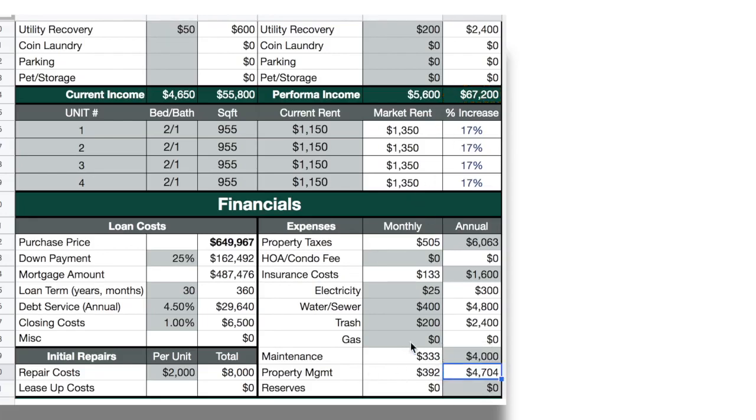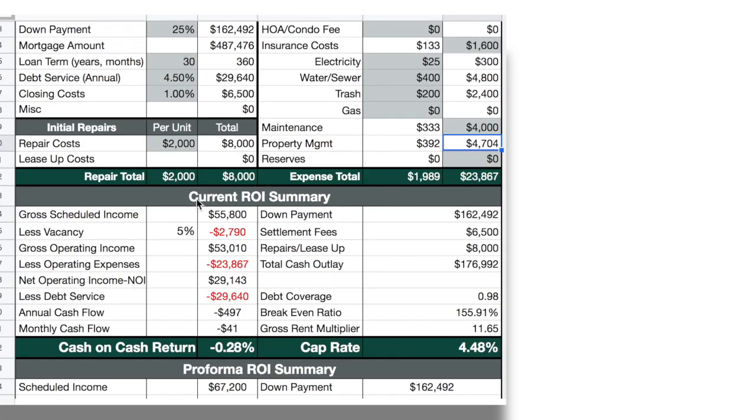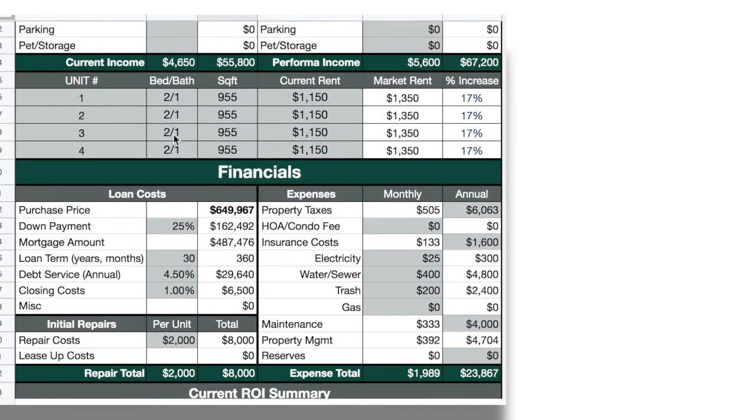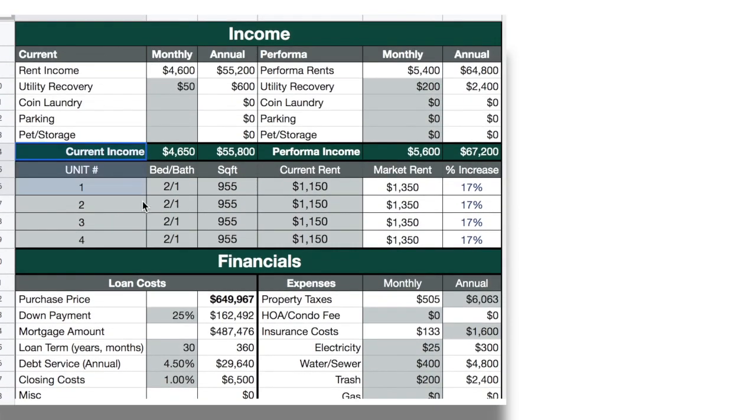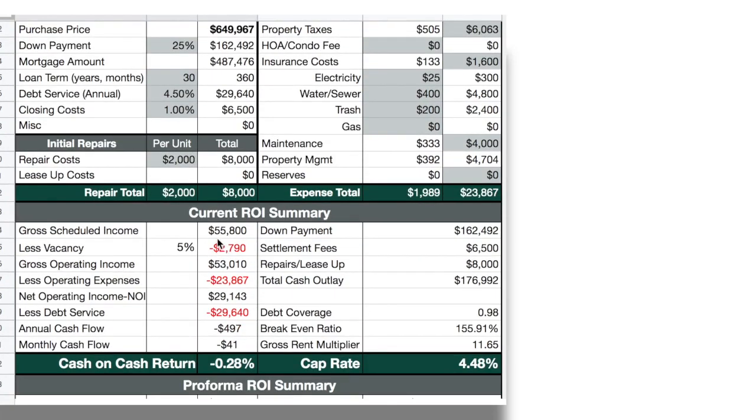Okay. Then you have your current ROI. So this is your gross, coming off of these figures here, right? Currently what you're doing. So 55 minus 5%, minus your operating expenses here.